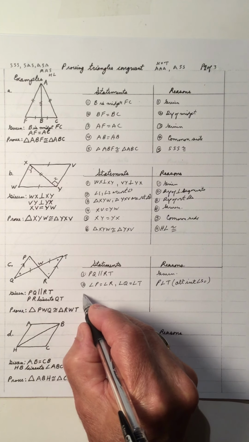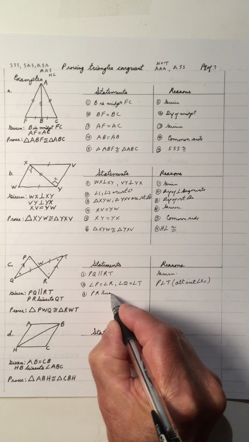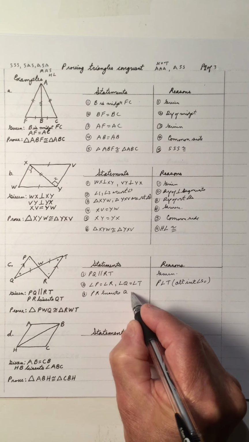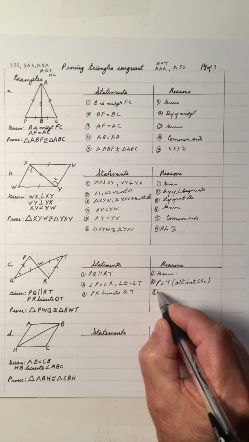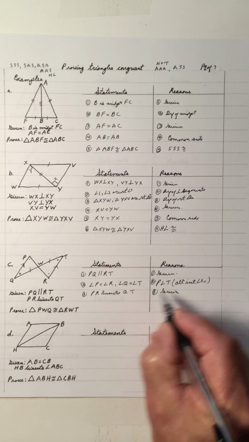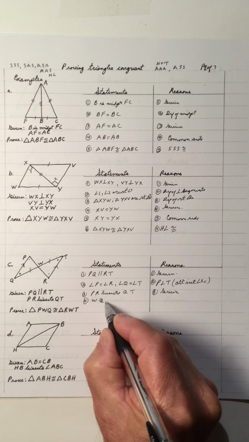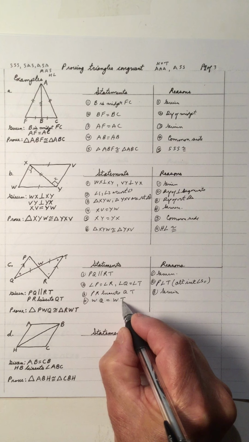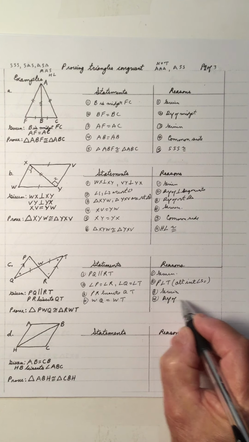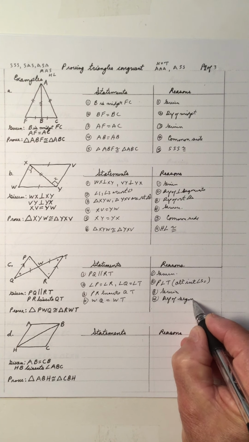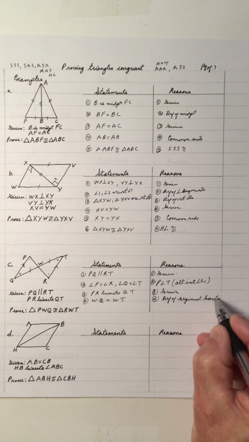So I need a side, so we have PR bisects QT. That's a given. So as a result, I got WQ equals WT, and that's the definition of segment bisector.